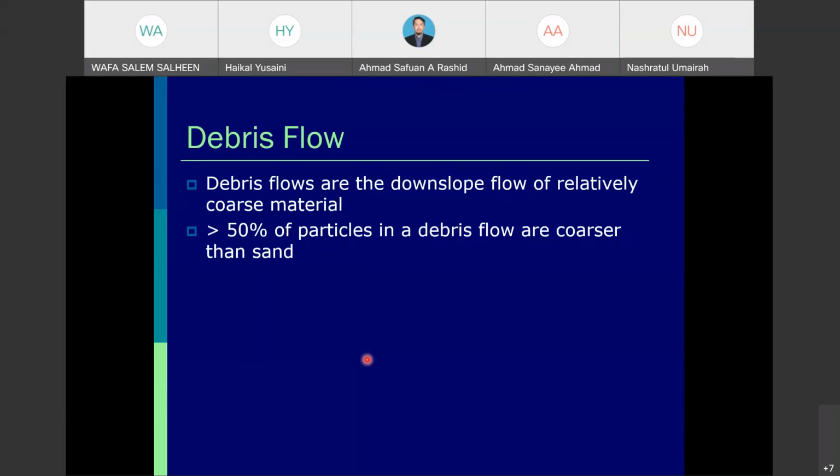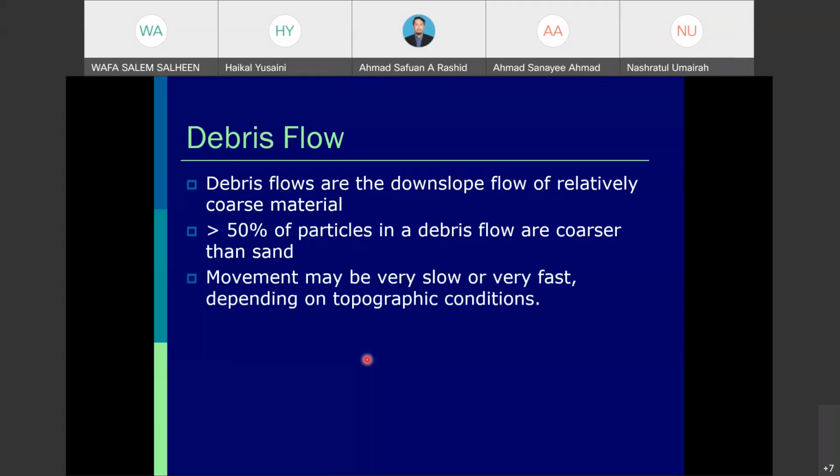For example, in Jelapang, Nian, Kedah, in the previous debris flow event, the size of the boulder reached approximately 1 meter in diameter. Movement may be very slow or very fast depending on the topographic conditions: mud flow, debris avalanche, and debris flow.